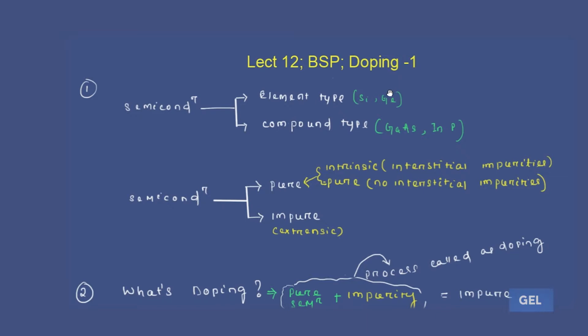Element type semiconductors are germanium and silicon. If you take only group 4 elements, that will be an element type of semiconductor. When a third group element and a fifth group element combine with each other, they produce a compound type semiconductor. We know this, right?